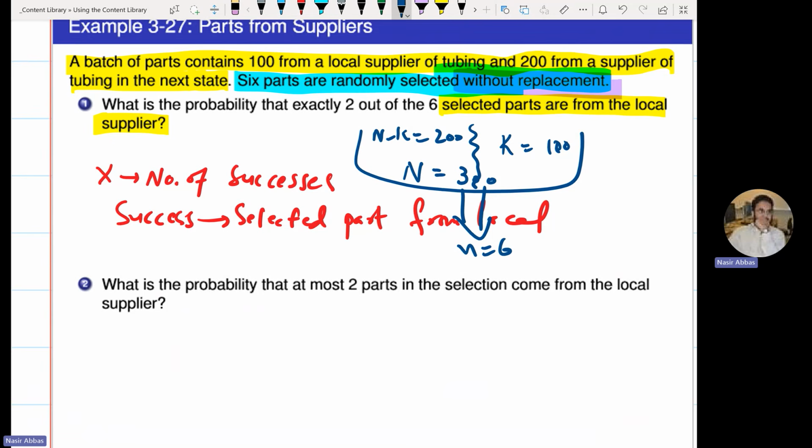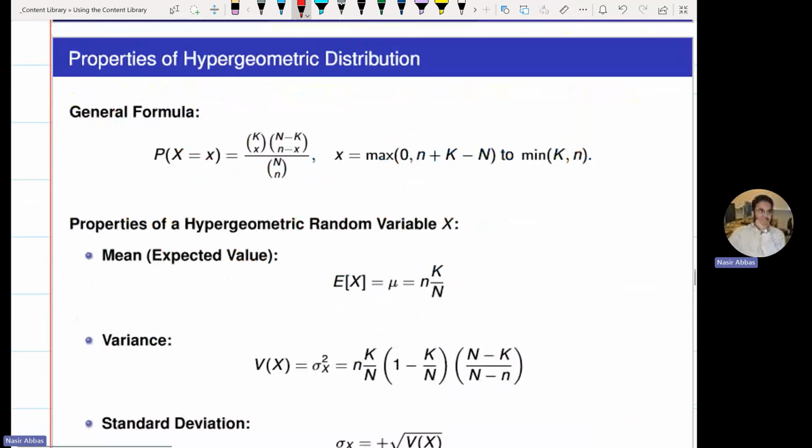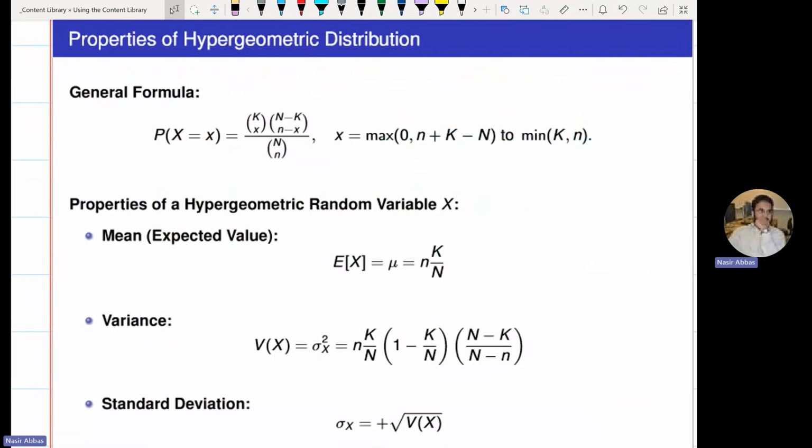Now read question number 1. What is required? What is the probability that out of 6, how many are successes? 2. That's it. Just plug in. Here is the probability mass function of the hypergeometric distribution. My K is 100, my x is x, my N minus K was 200, my n minus x is 6 minus x, divided by 300 combination 6.